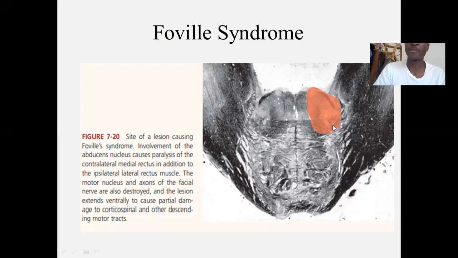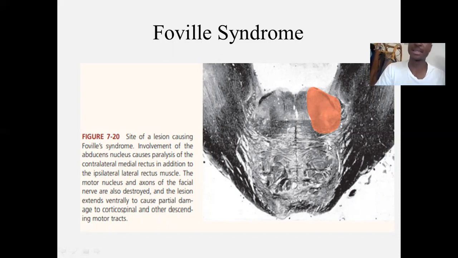On top of that, you're going to affect the paramedian pontine reticular formation. If you revisit your visual neuroanatomy, that paramedian pontine reticular formation is going to be the lateral gaze center. So you're going to have ipsilateral gaze palsy, right?